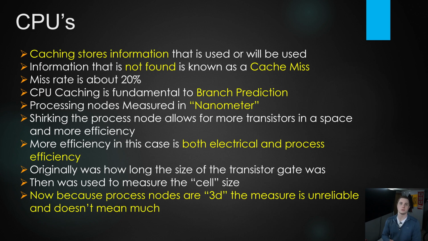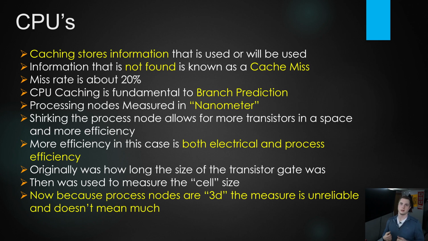Caching stores information that can't be held or shouldn't be held on the disk or on RAM. The reason we have so many tiers of caching is that some things are going to be used over and over and over again by your CPU, and there's no reason to go get it from a disk or RAM if you can have it close to the CPU.